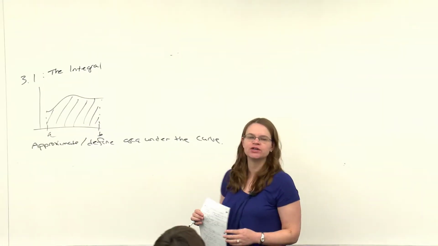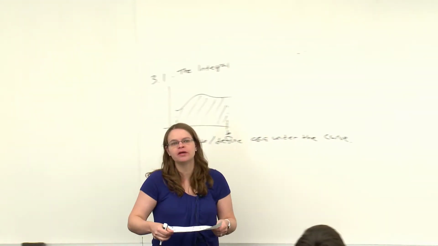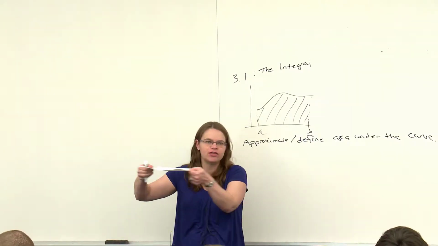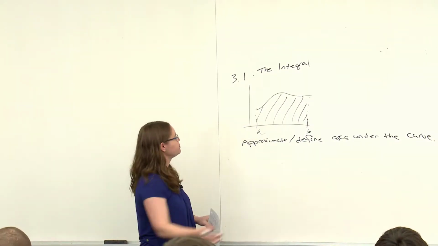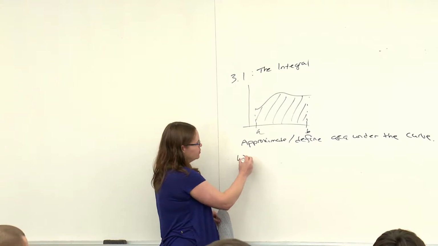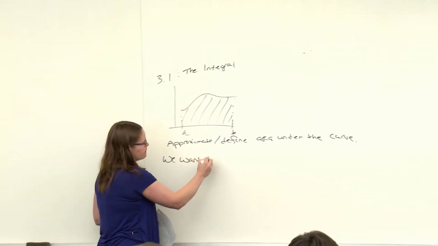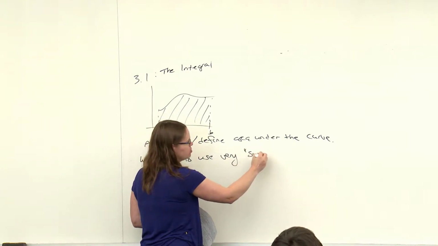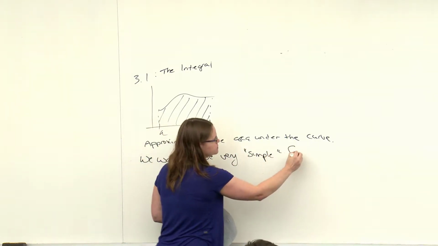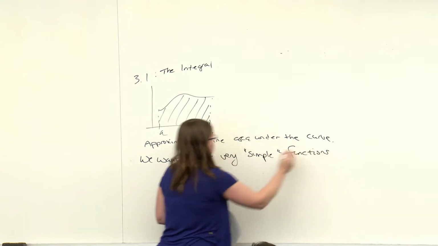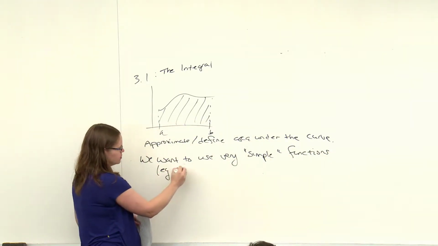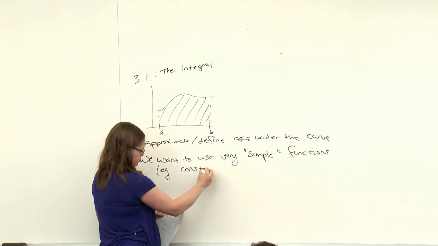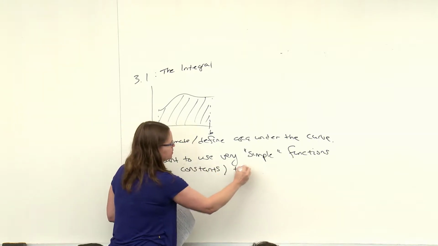So a simple function here to find the area under, presumably the simplest thing you can come up with is just a constant function, right? So we want to use extremely simple functions, for example, constant functions, to build up the definition.